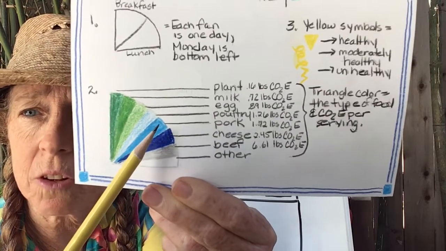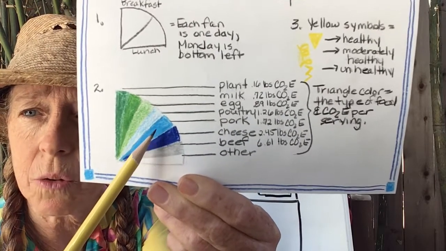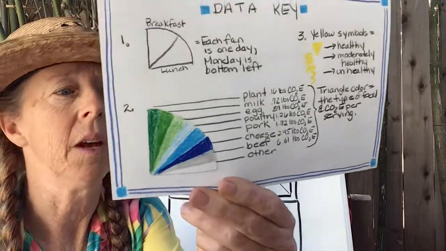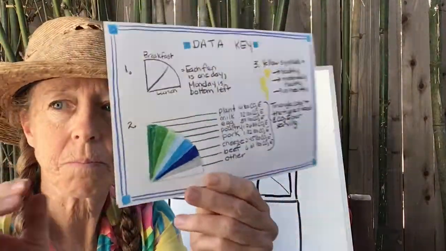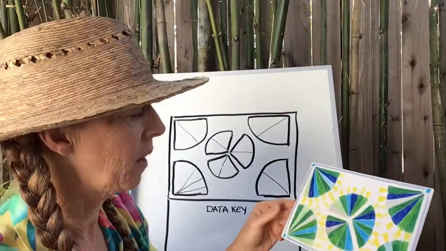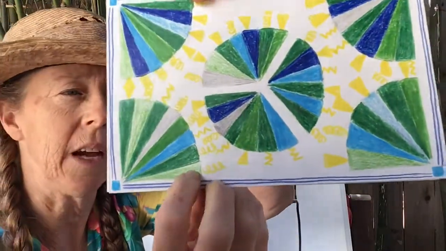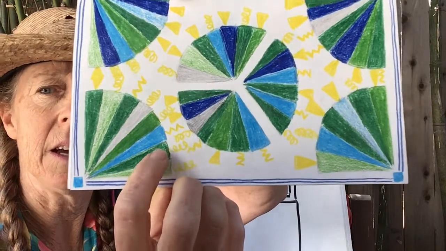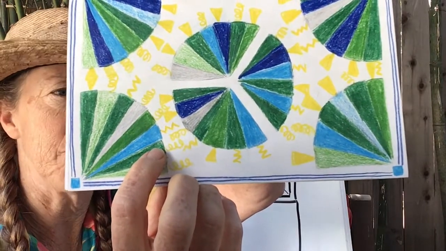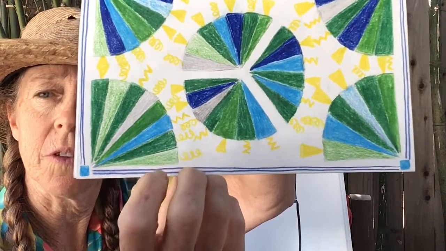And if I had sausage, which I know is pork, that triangle is going to need to be blue. So I look here, and that's what you see: the light green for the egg, the dark green for the mushroom, and the blue for the sausage.